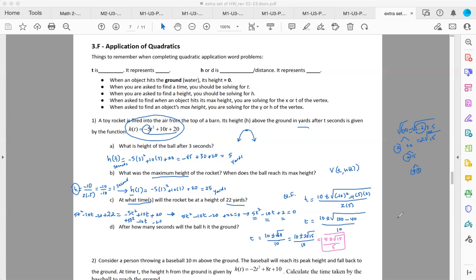I know 5 plus root 15 over 5 is not negative. This is positive, so it checks. 5 minus root 15 will also be positive, because root 15 is less than 4, because 15 is less than 16.